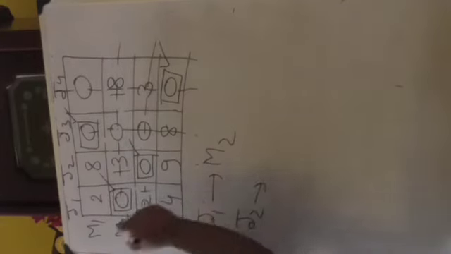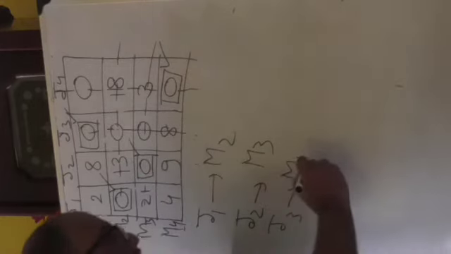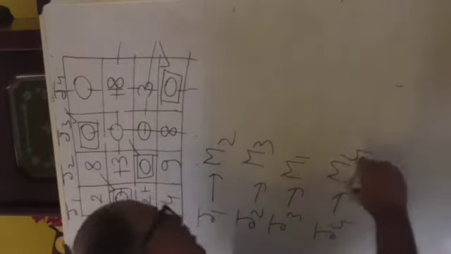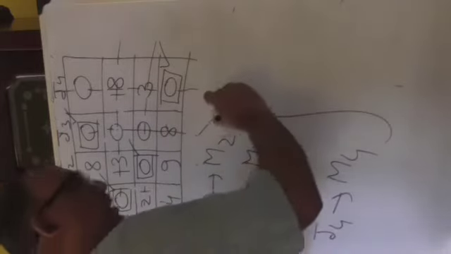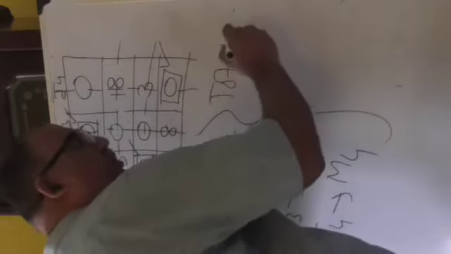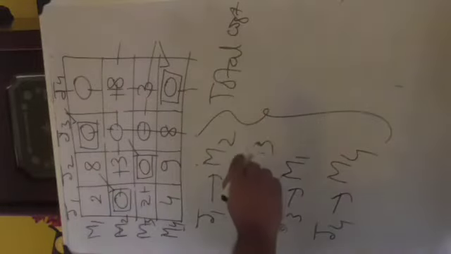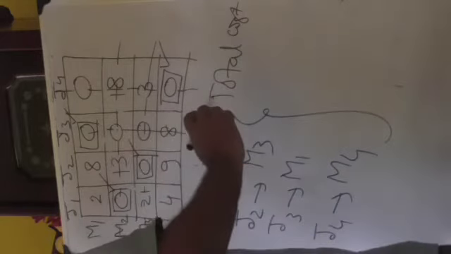So from here we can get J1 is assigned to M2, J2 is assigned to M3, J3 is assigned to M1, and J4 is assigned to M4. So these are my assignments, and total cost or total time can be found out from the original table that was there.